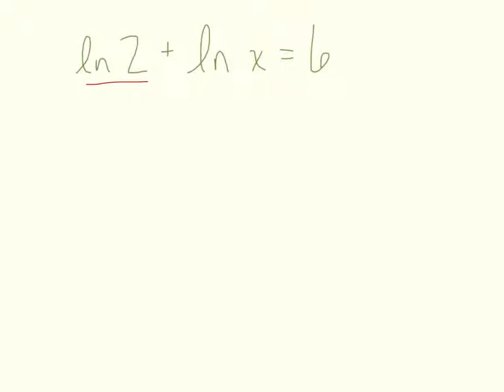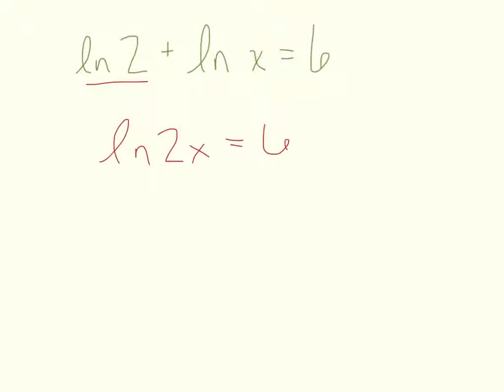Which is kind of true, but what we have to remember here, since these have common bases, they're both natural logs, we can group this together as one equation, as just the natural log of 2x equals 6.